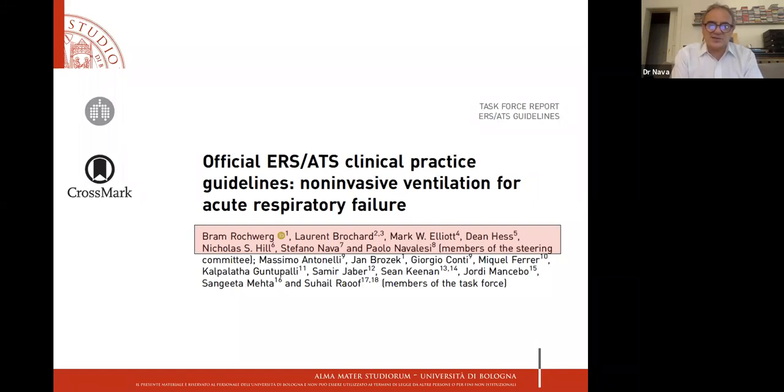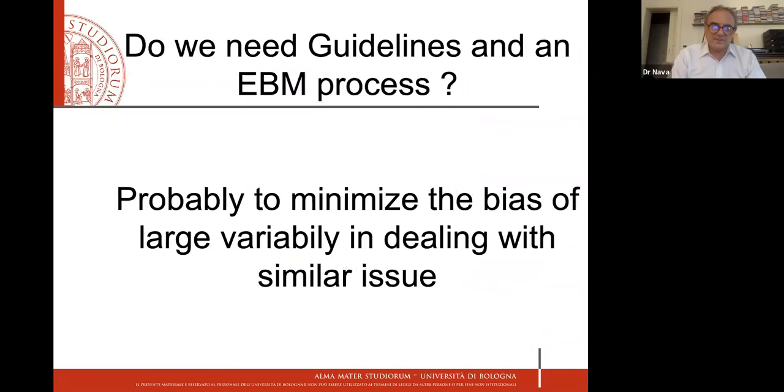Each society gave 3 members, and the task force was conducted by Bram Rochfeld, an ICU physician who is mainly a methodologist. And Bram opened to us an old world that we didn't know before.